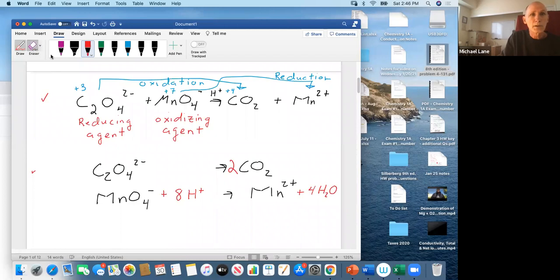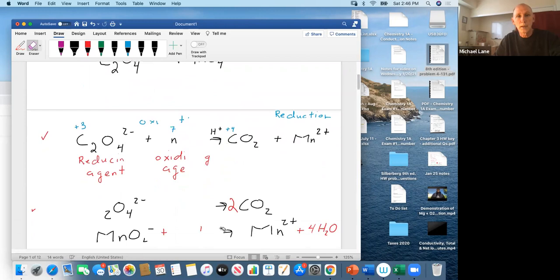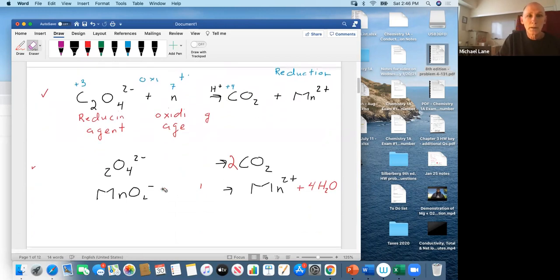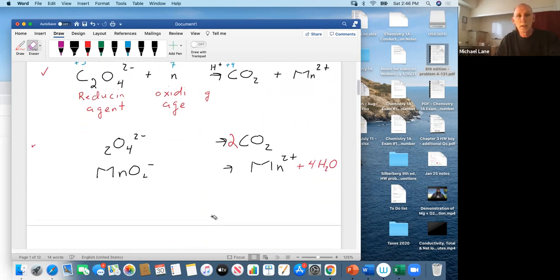I'm going to go ahead and change this to black, as that seems to be the color I'm doing everything in. So let me change that just a bit. There we go.